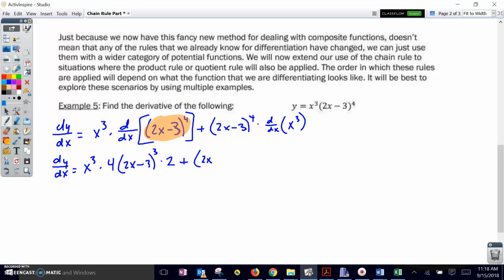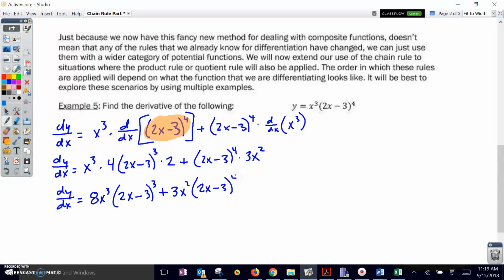And then we're going to take the derivative of x cubed, which is 3x squared. Now I'm going to clean this up a little bit. So we've got dy dx equals 8x to the third times the quantity 2x minus 3 to the third plus 3x squared times the quantity 2x minus 3 to the fourth.